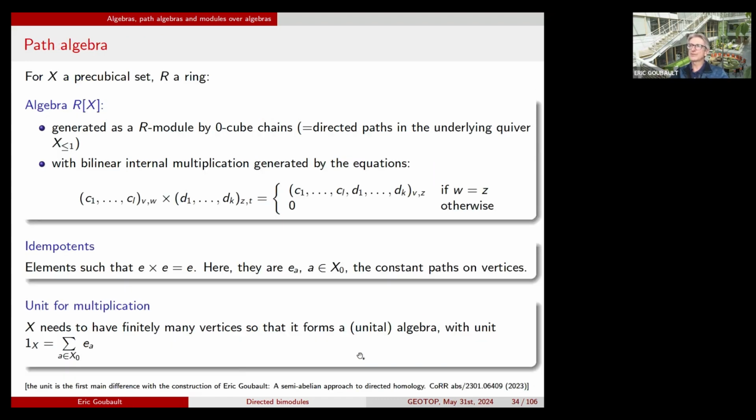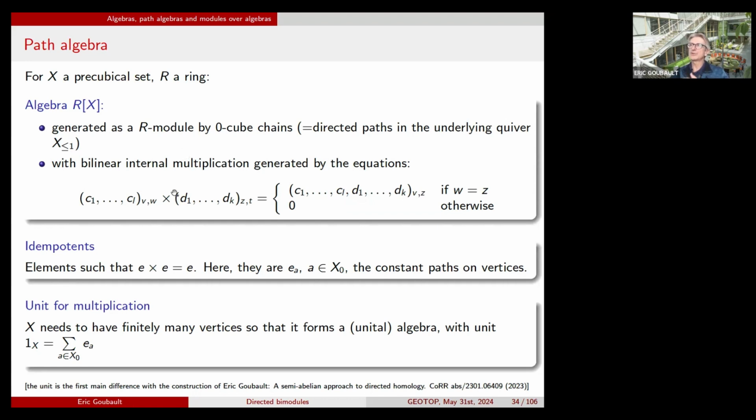And of course, there's an algebra of paths on precubical sets, on any graph or quiver. You take the underlying R module to be generated by directed paths, zero cube chains if you prefer. So it's in particular a module, formal sums of these zero cube chains.